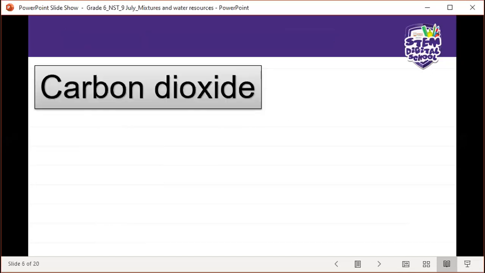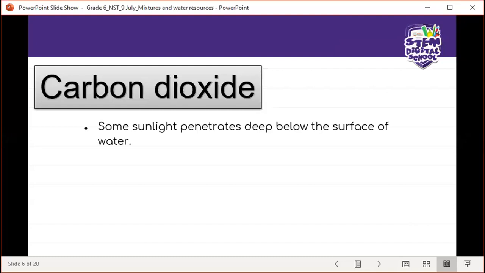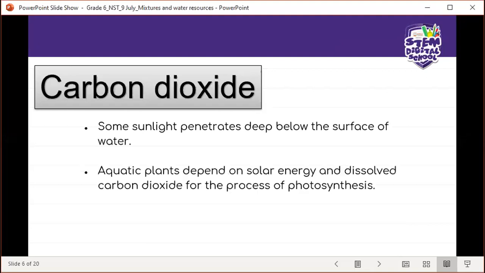All right. So the next natural substance that dissolves in water is carbon dioxide. All right. So some sunlight penetrates deep below the surface of water. Okay. Then aquatic plants, remember these are plants that live in water, depend on solar energy and dissolved carbon dioxide for the process of photosynthesis. All right. So photosynthesis is a process which plants use for breathing.